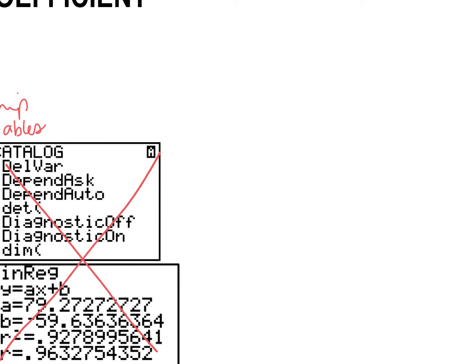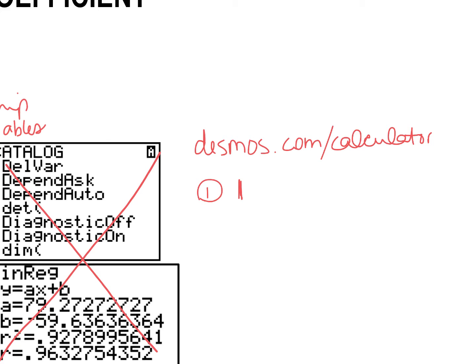So go to desmos.com/calculator. And then the first step is to use the little plus symbol, upper left, to add a table.